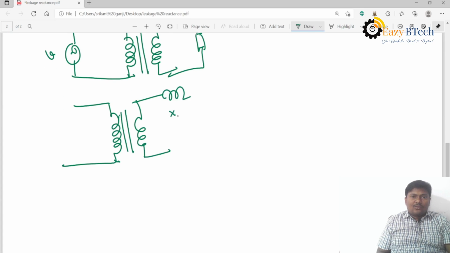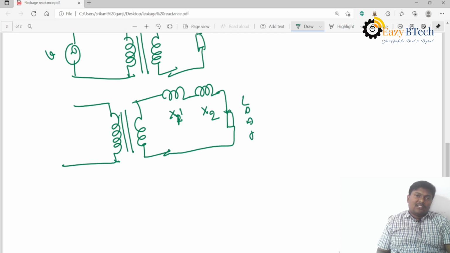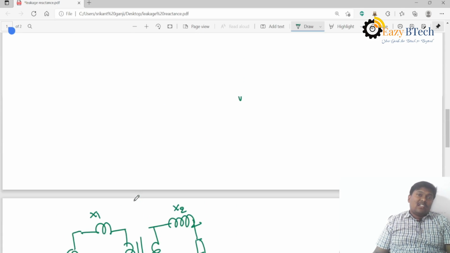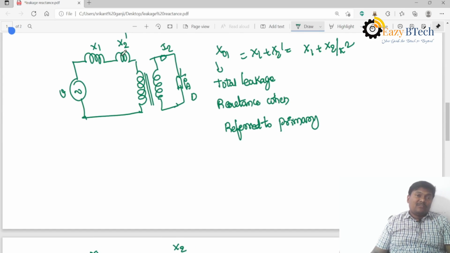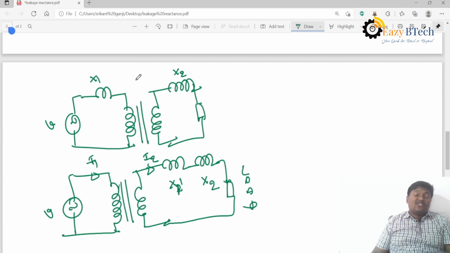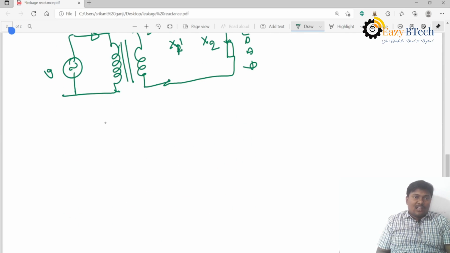This is X2 dash, X1 dash and X2. This is connected to the load. The current flowing through is I2. This one is I1. This is the sinusoidal voltage. The secondary winding leakage reactance shifted to the primary side becomes X2 dash. If the primary winding leakage reactance is shifted to the secondary side, it becomes X1 dash.